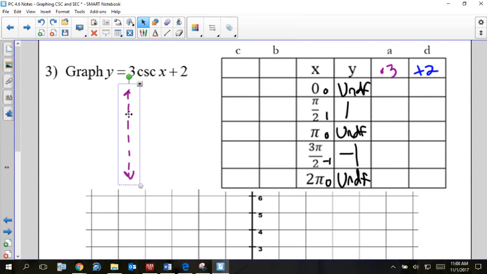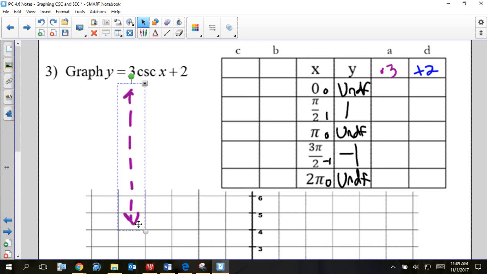Is the asymptote at a different location if I stretch or shrink it vertically? No, it's not getting longer, because it has arrows. That means it goes on forever, so it's still going on forever. So if you multiply by 3, it doesn't change the undefined.